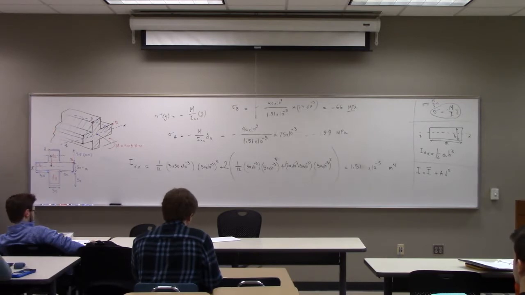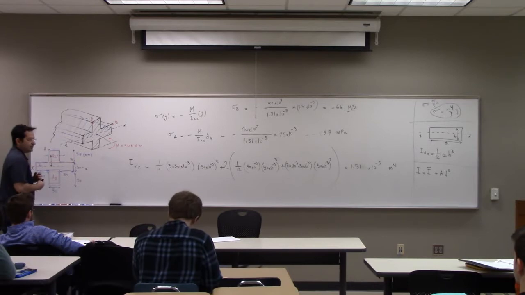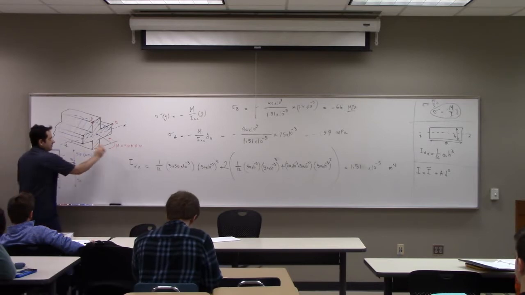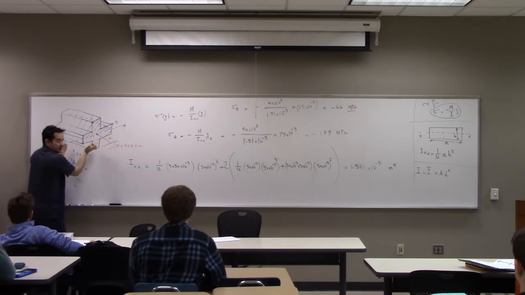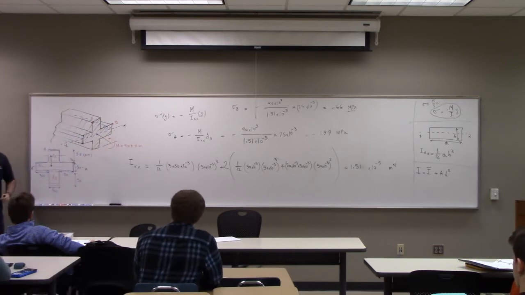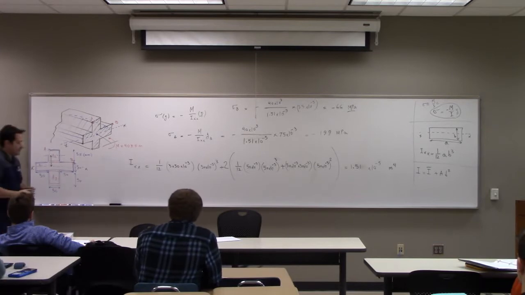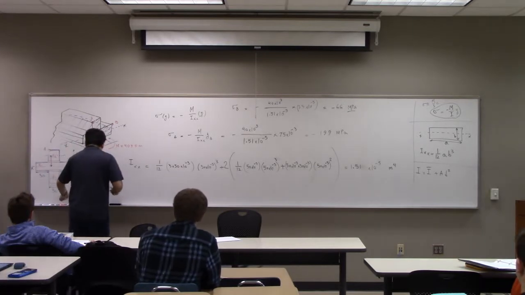It's a compression. I always want to double check my result. When the moment is like that, what happens to points A and B? You see these 2 points compress, and this side is going to extend. You can make a little animation, and it makes sense with that negative sign. Alright? Next example.